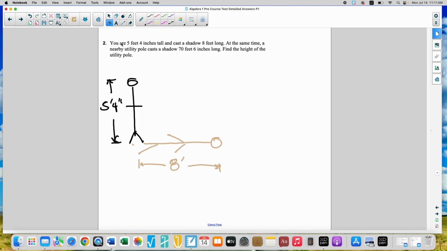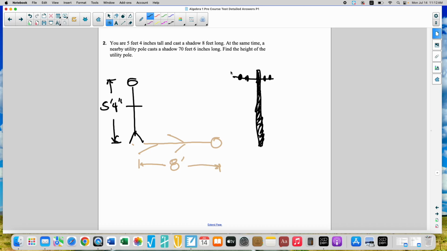And now you have a utility pole, okay, and it casts a shadow 70 feet 6 inches. So you have this utility pole that's got the little things on it, right? That's the wires. If you ever see those, it's called a telephone pole also. Utility pole, utilities, electricity, cable. Those are utilities.